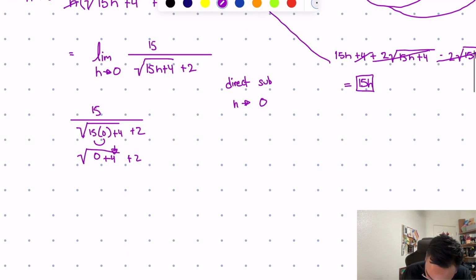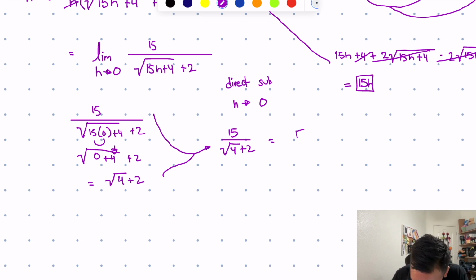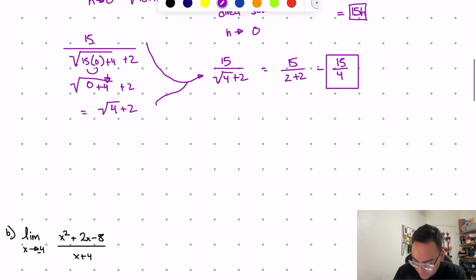So a 0 plus 4 is just going to give us root 4 plus 2. Now the top is going to remain the same because there's no changes to the top. So it's going to give us 15 over root 4 plus 2. Which is going to be 15. And then root 4, of course, is 2. Plus 2, it's going to give us 15 over 4. And that will be our answer.